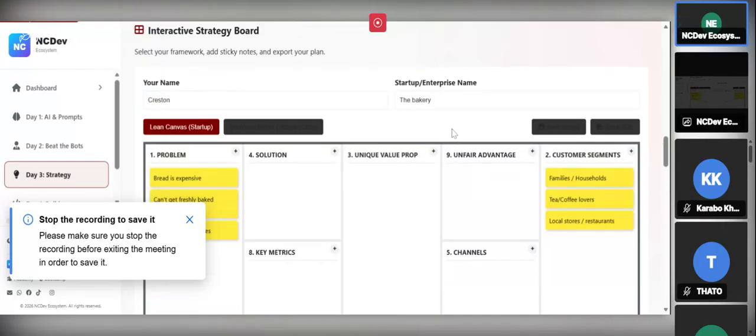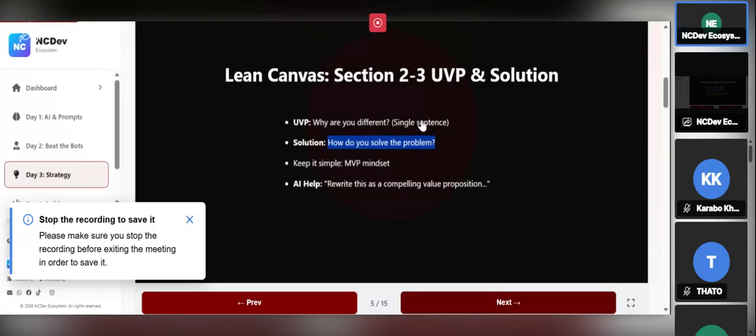So what you would then want to do is, there's a sentence you can copy to help you with your solution and your unique value proposition.